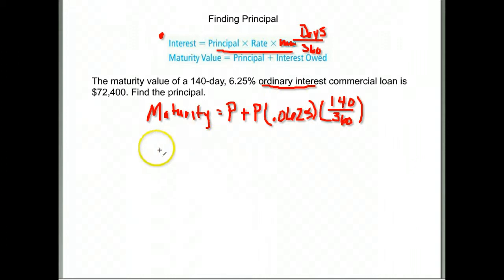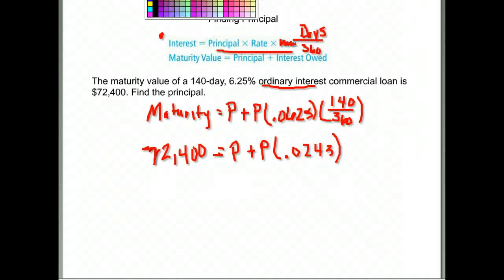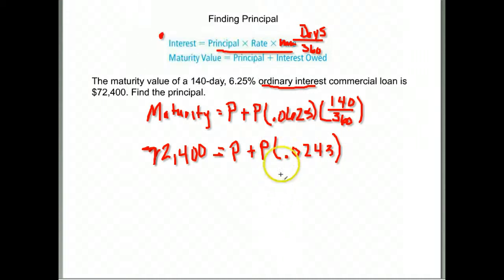Okay, so right now I know my maturity value is 72,400, so we'll put that in there. And again, that's equal to the principal plus the principal times this number that we found was 0.0243. It goes on from there, but I'm just going to round off to 0.0243 because I don't want to write all those numbers down. Put as many as you can down.